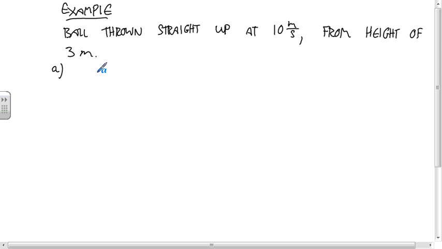First, what's the maximum height that the ball reaches? And second, what's the velocity of the ball when it hits the ground?